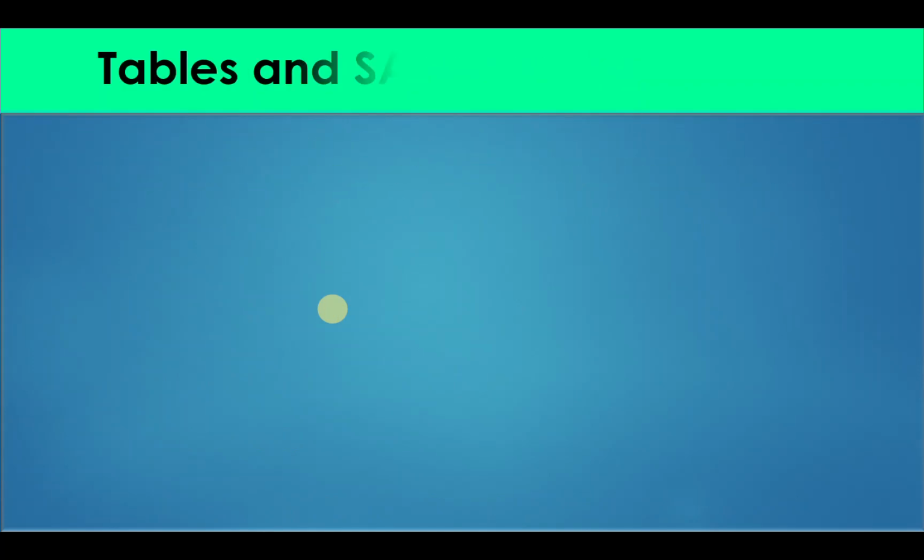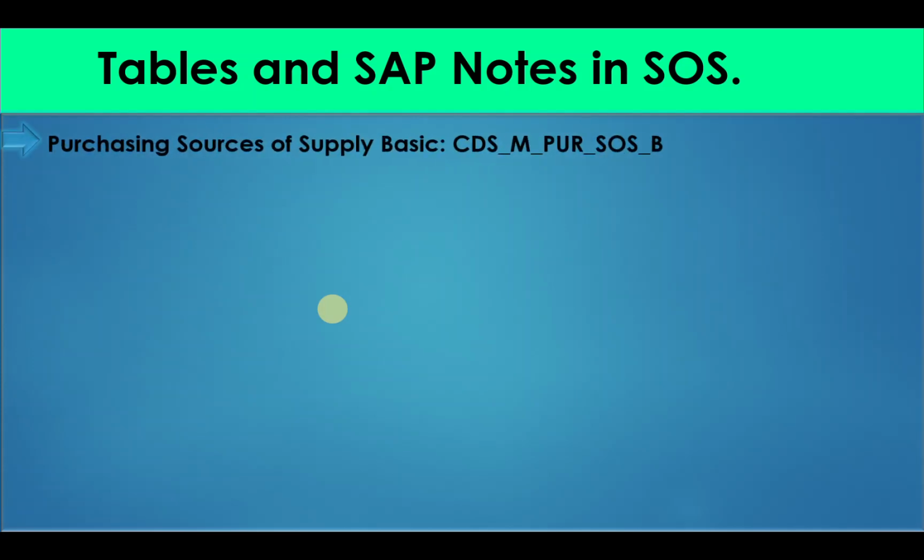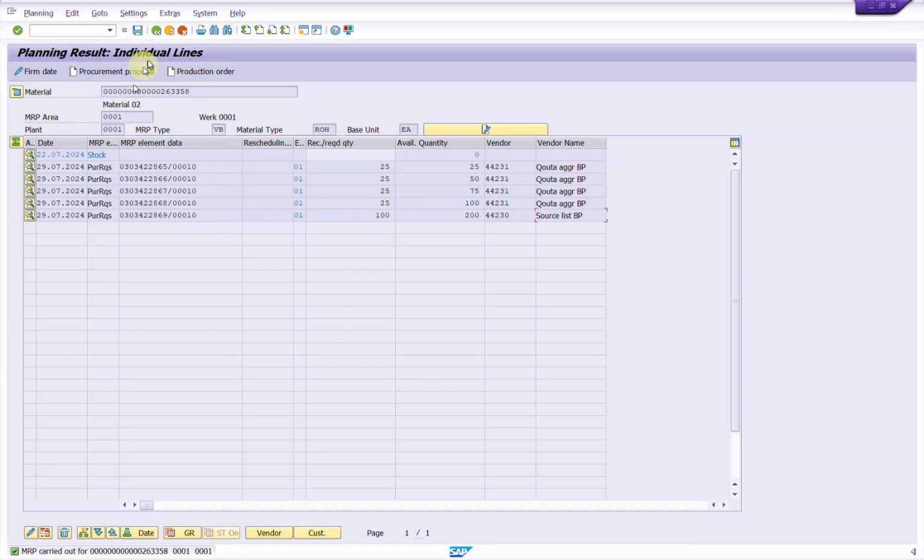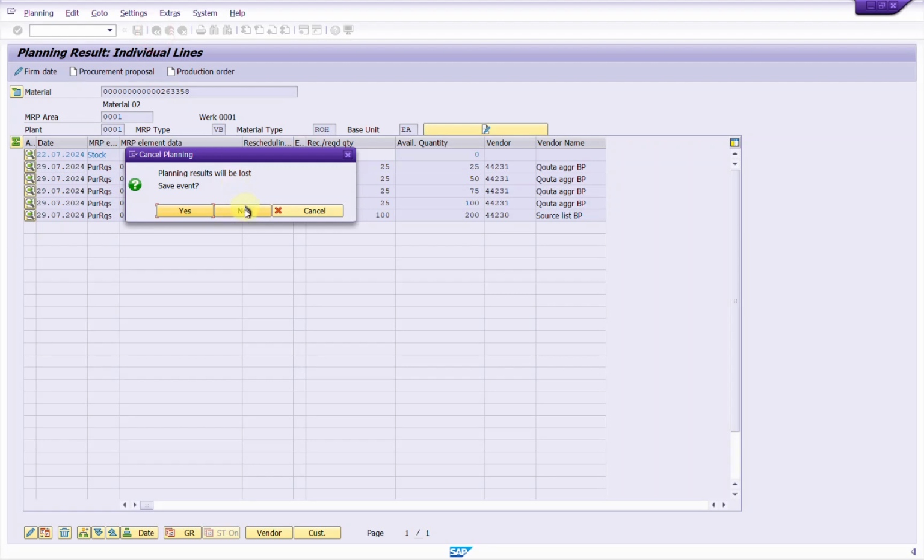Then there are some SAP notes and tables that we can see for all the available sources of supply. If you select this particular table, I will show you these tables. It's a really handy table.